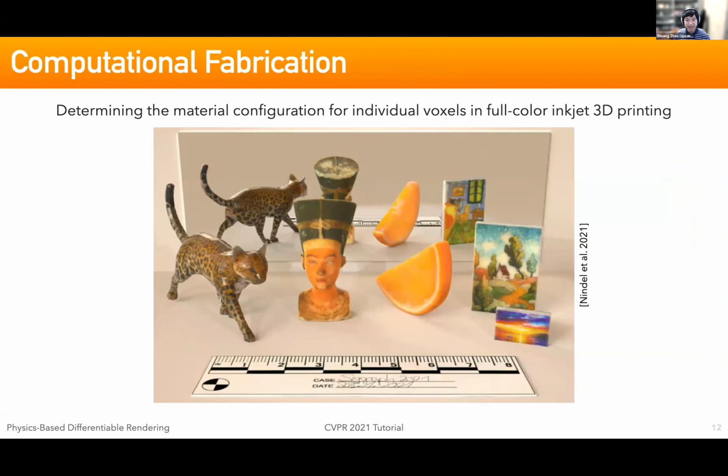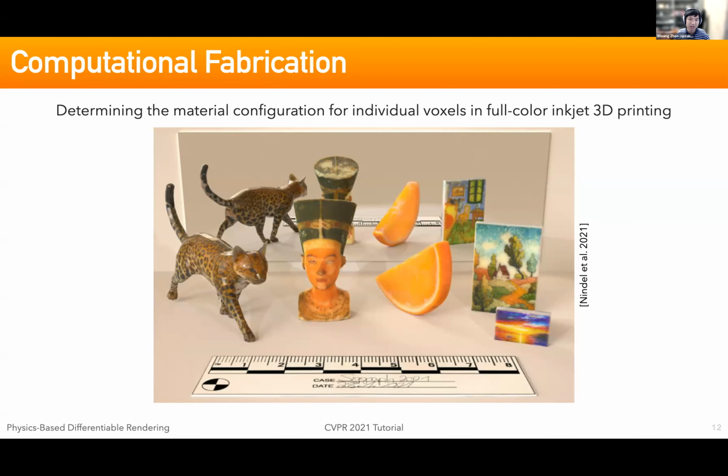Another type of application that requires complex light transport to be handled is computational fabrication. These days, we have fairly sophisticated colored 3D printers where you can, for example, control how you mix different types of inks at each voxel during the printing process.